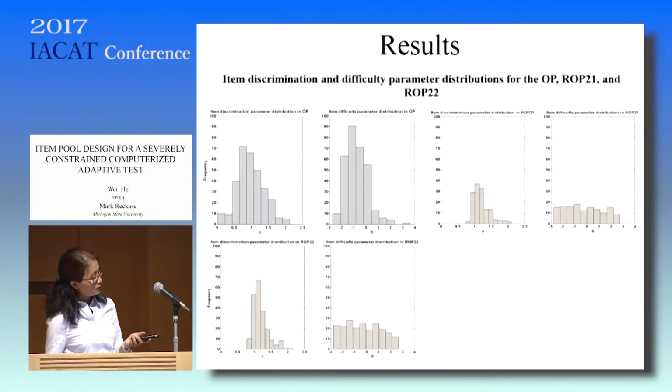Those figures compare the distribution of A and B parameters between the operational and some of the candidate item pools. As you can tell, for the candidate item pools, the distribution of the B parameter is more uniform.